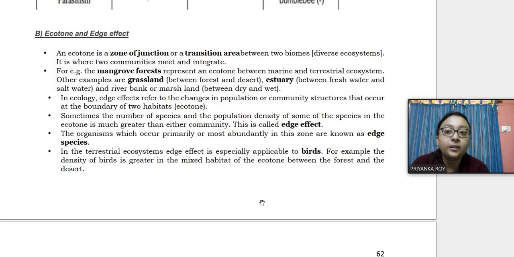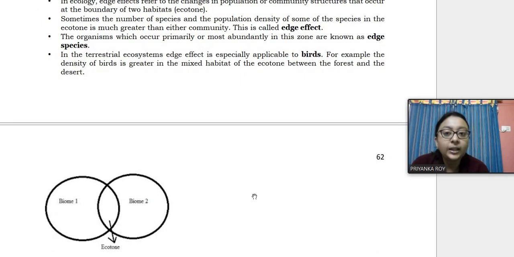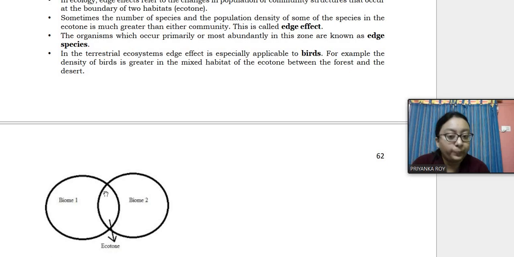Next comes the very interesting ecotone and edge effect. Ecotone and edge effect are two terms with almost similar meanings, but still you have to understand them. Like I've already discussed, what is a biome? A biome is all the communities together living in an ecosystem, interacting with each other.